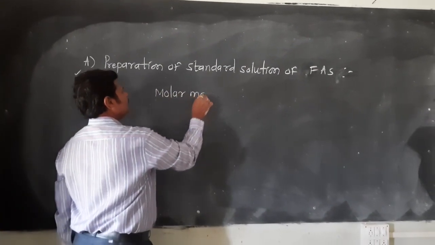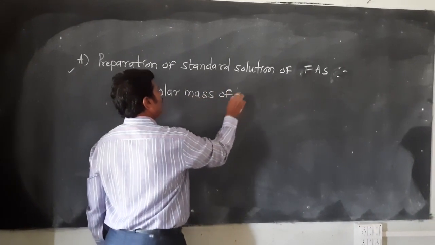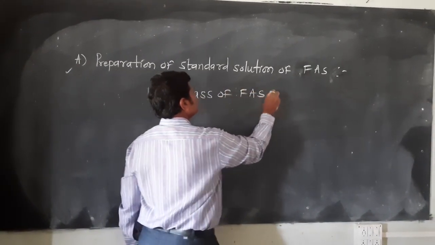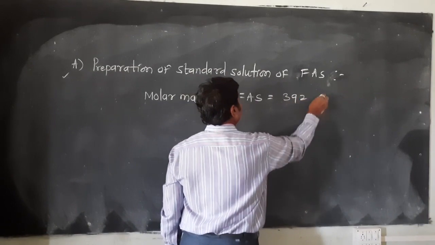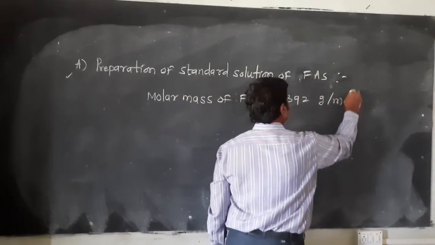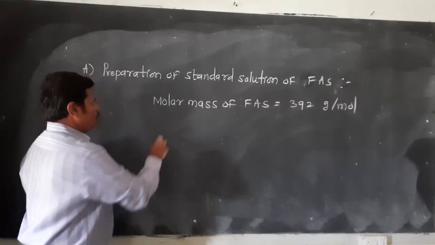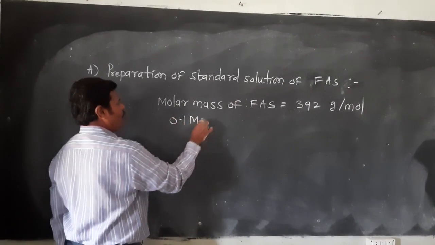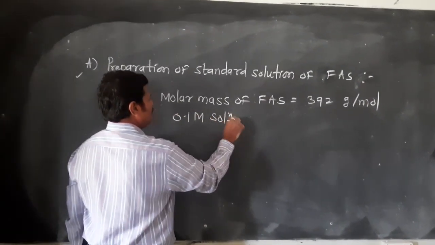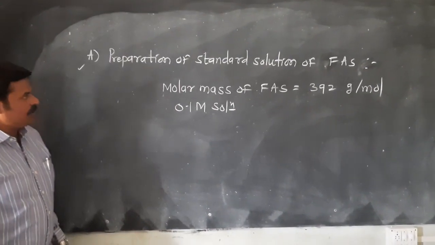Molar mass of FAS is 392 gram per mole, and we have to prepare 0.1 molar solution. 0.1 molar solution is required.